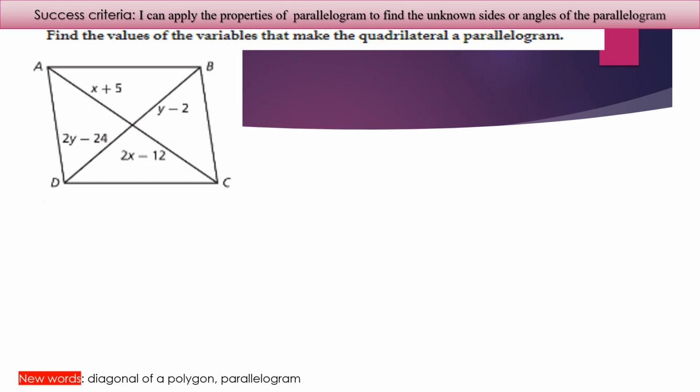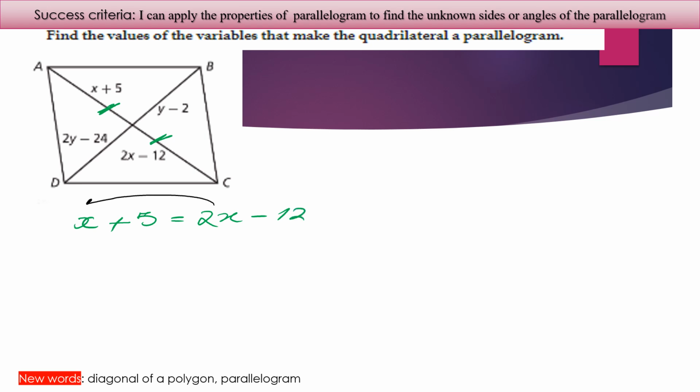Find the values of the variables. So you can see that the variables are lying on the line. So you can say that x plus 5 equals to 2x minus 12, by using the converse of the diagonals theorem. Now bring the 2x there, or x there, makes the same thing.